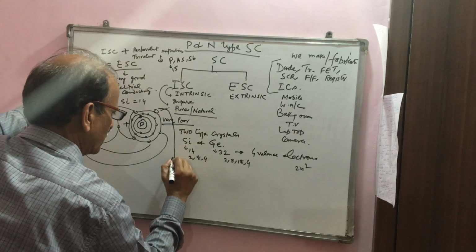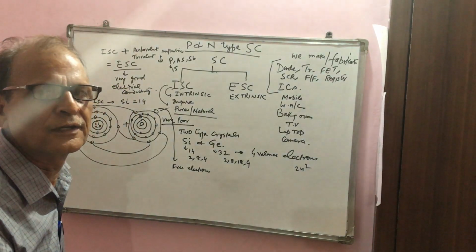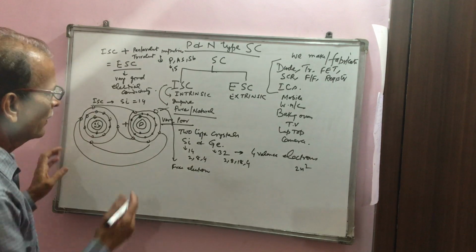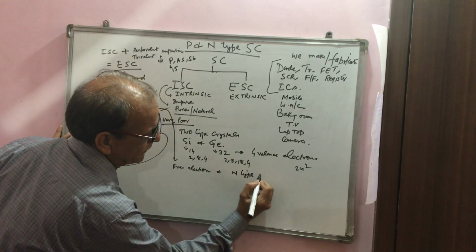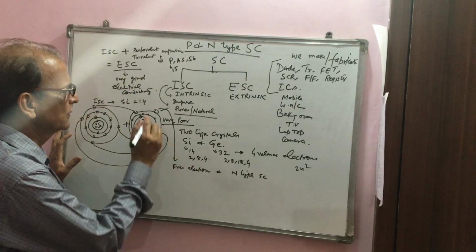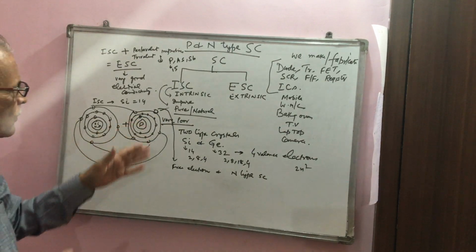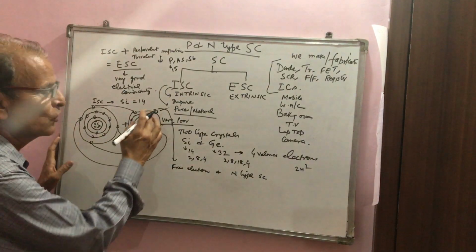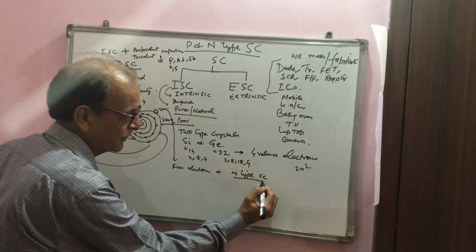This electron is called free electron and responsible for electrical conductivity. And it will constitute N-type semiconductor. We say negative because an electron is left behind. The more doping we add in the silicon crystal, the more electrons we get, and these electrons will constitute N-type semiconductor.